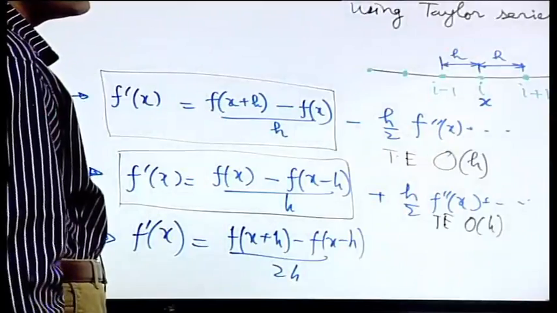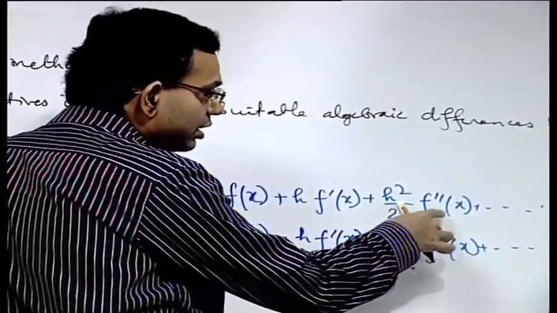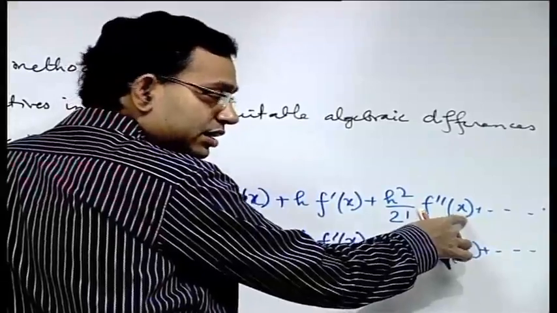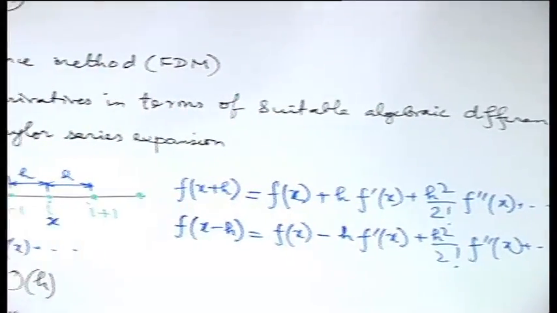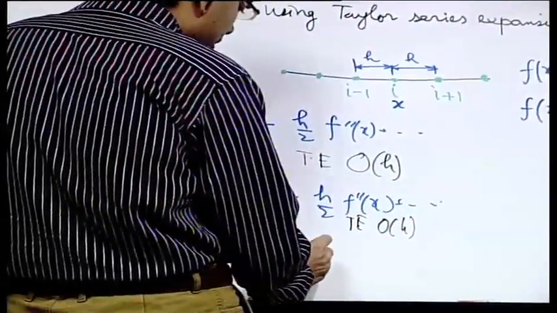Then, when you subtract, the h square by factorial 2 term gets cancelled out. So, h cube by factorial 3 into f triple prime x remains. So, that into 2. So, h cube by 3.